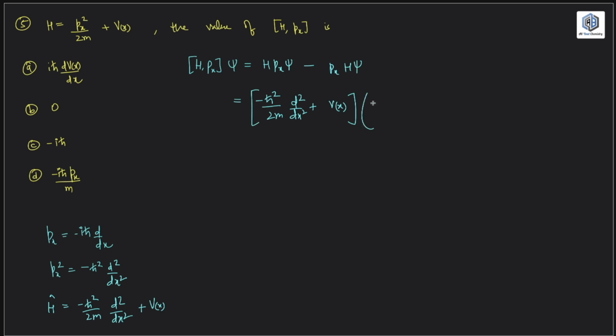The value of px is minus i h cross d by dx, and then I have psi.